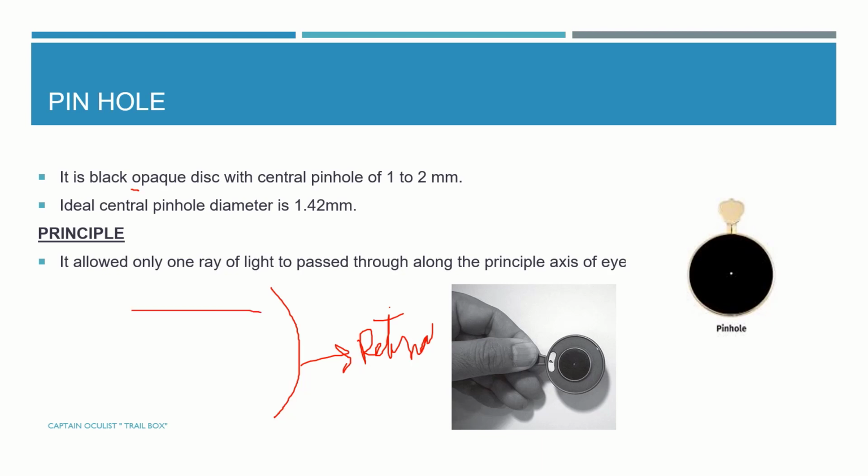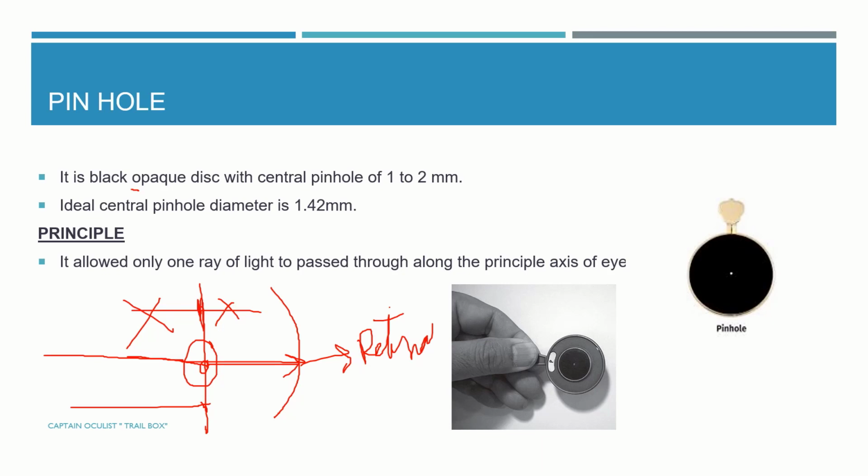So pinhole eliminates all but straight beams of light which fall directly onto the retina, giving a clear image. So the scattered beams of light are eliminated by the use of pinhole. Only the straight beams of light which can focus on the retina and give a clear image are allowed to pass through the pinhole.